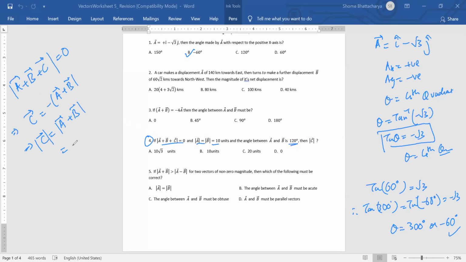So it is root of A square plus B square plus 2AB cos 120. Use the fact that cos 120 is minus cos 60, or minus half. So you'll get this as 10.